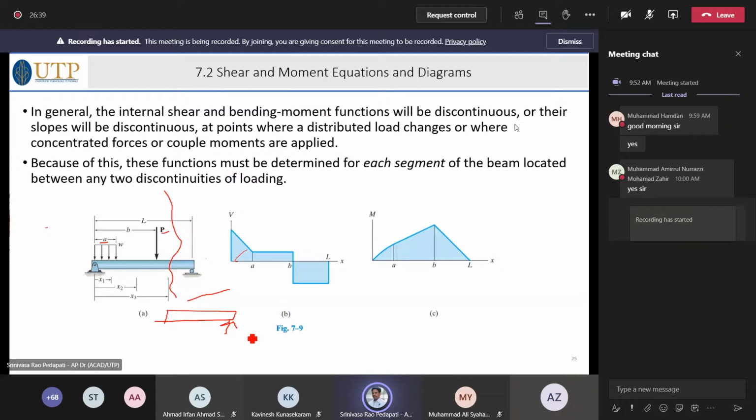The reaction at the point is not named, so let me call it reaction B.